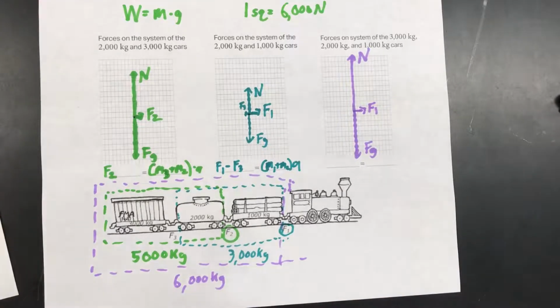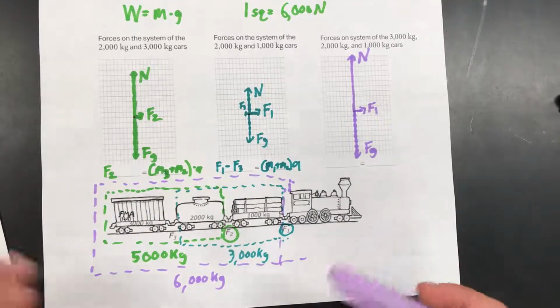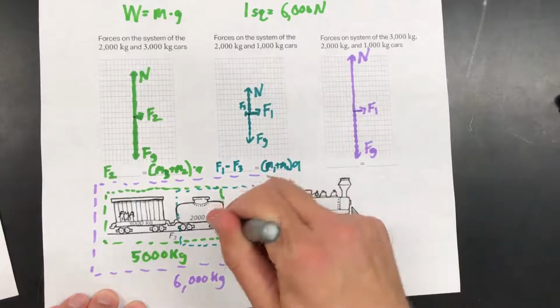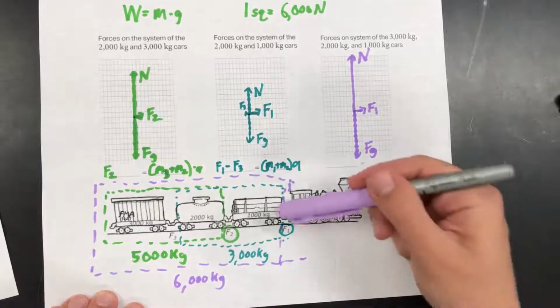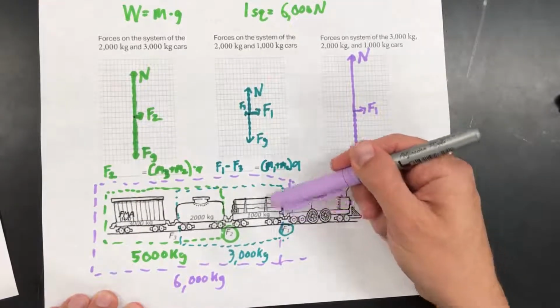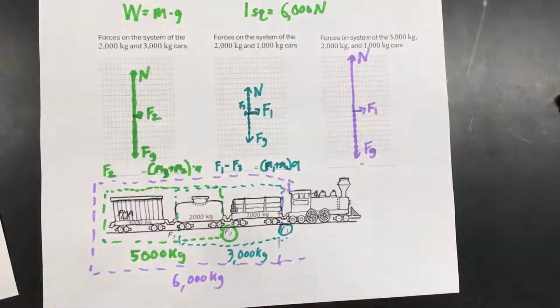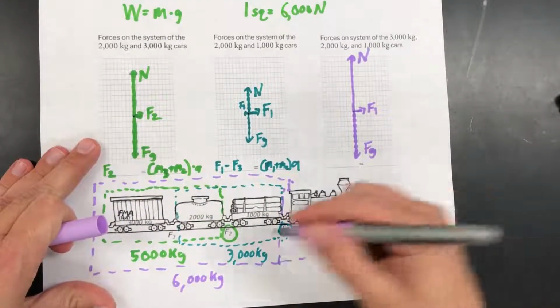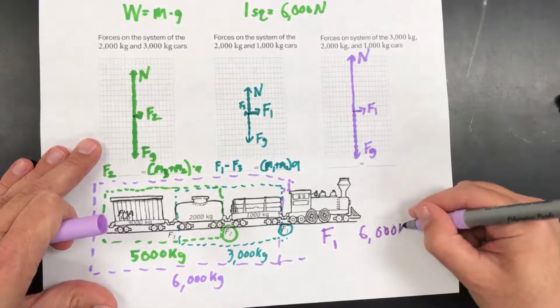The last thing is the question there that says, without doing any of this complex math, how can you know that F1's got to be the most, and F2's got to be the middle amount of force, and F3's got to be the least? That's because think about what F1's responsible for pulling. All of this mass. All of that mass there. And so F1 is responsible for pulling 6,000 kilograms of mass.